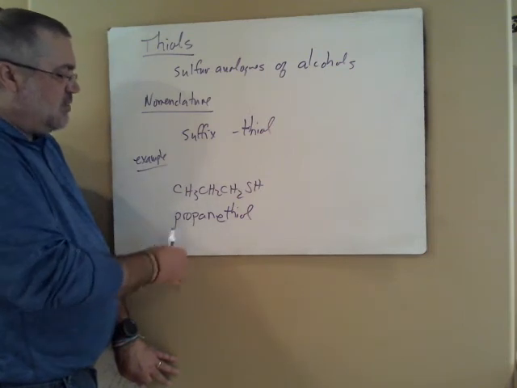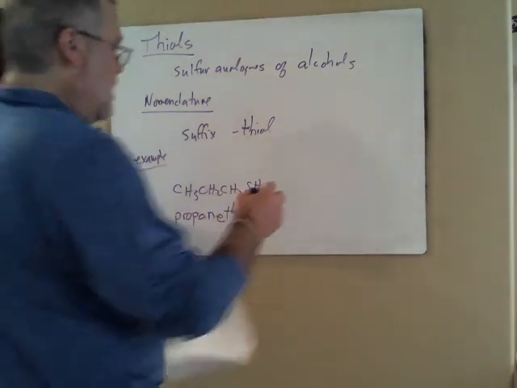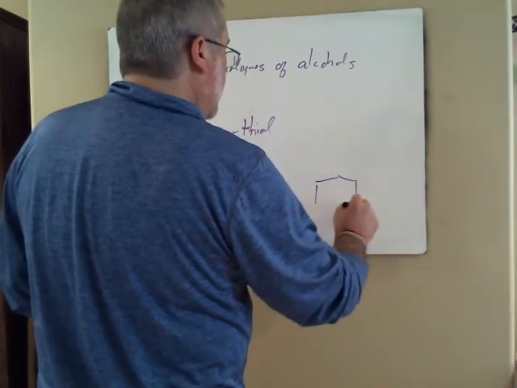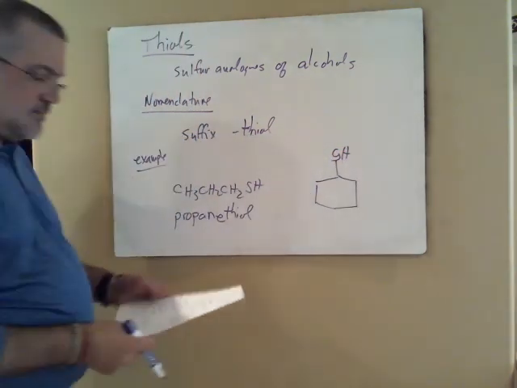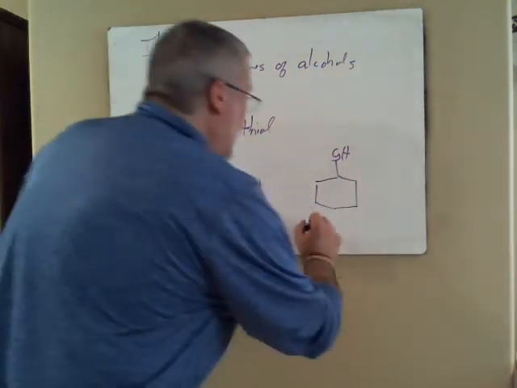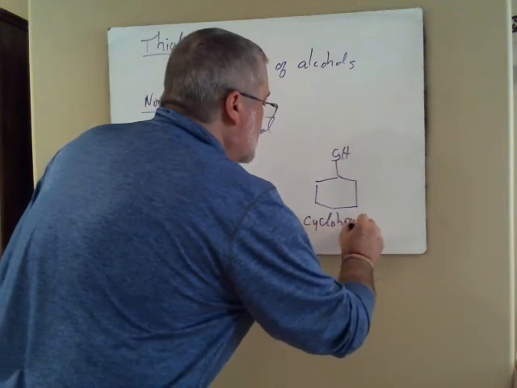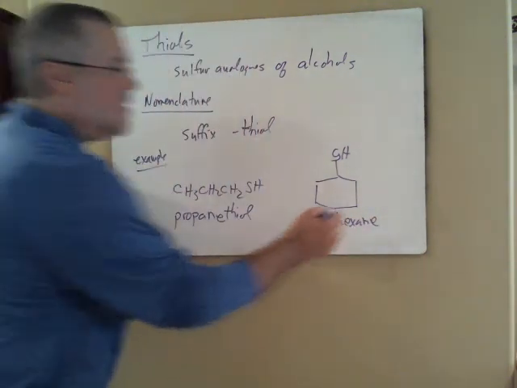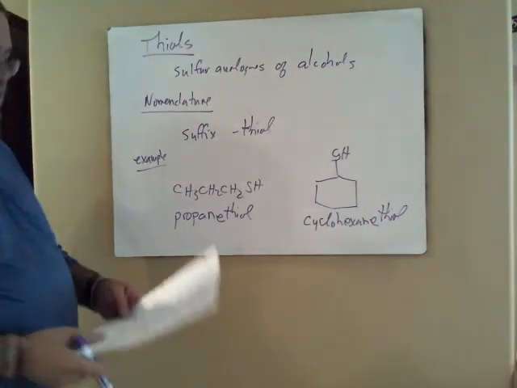So it becomes propane thiol. Okay? How about this example? Cyclohexane. And again, you don't have to drop the E because you're going to be adding a T of the thiol. So cyclohexane thiol.